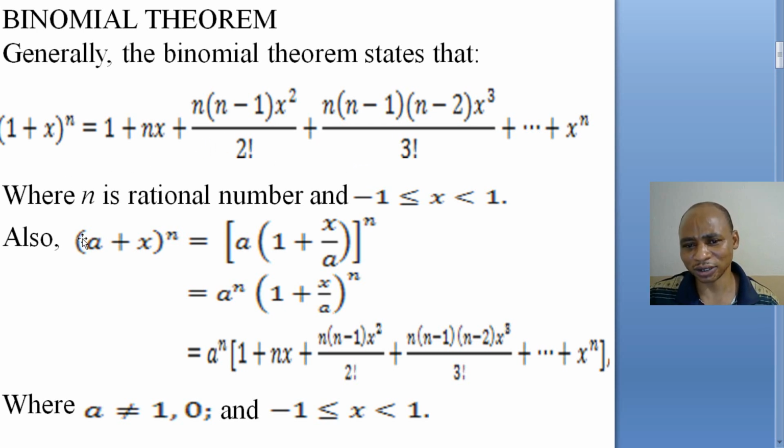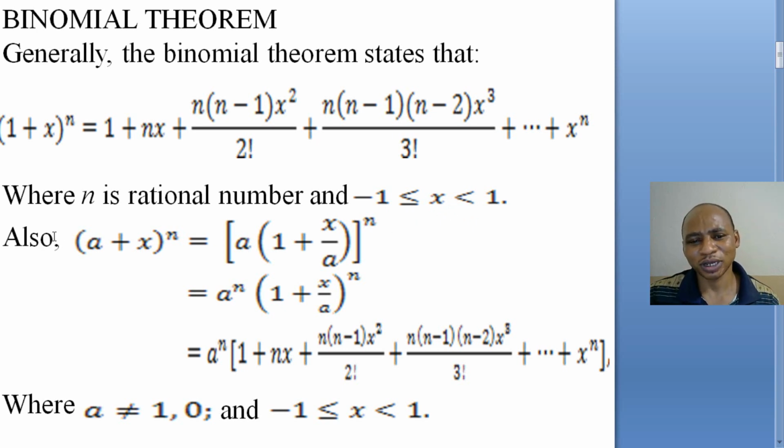And we should note that in this case, n is always a rational number, and x, which is the variable concerned, its value shouldn't be greater than or equal to 1, and neither should it be less than -1, as mathematically expressed here.